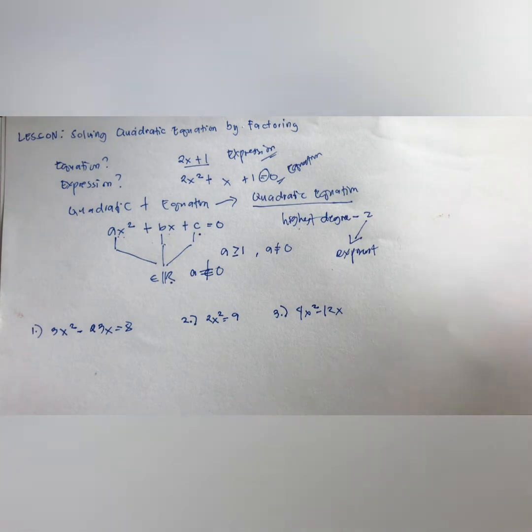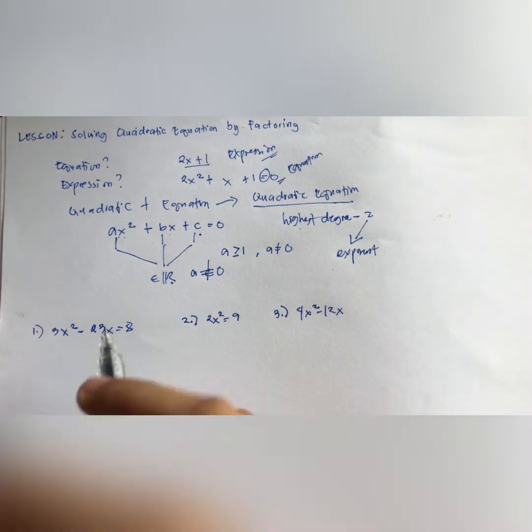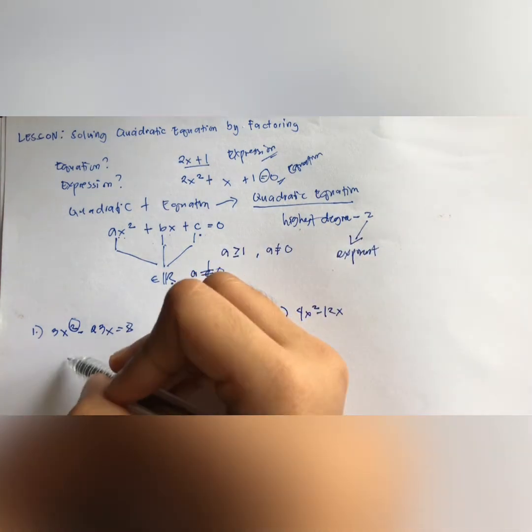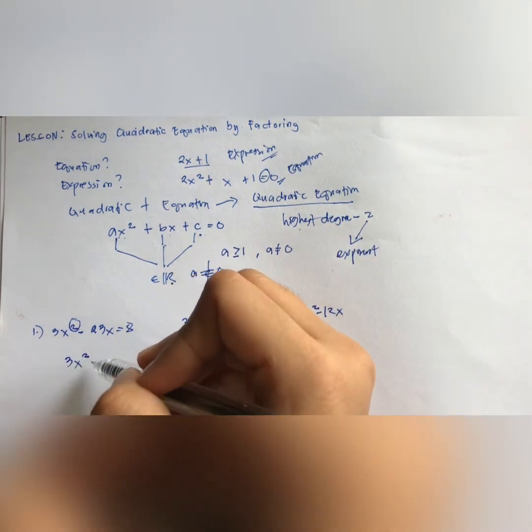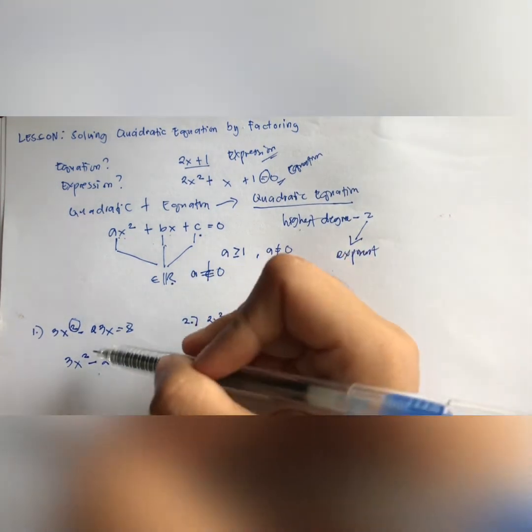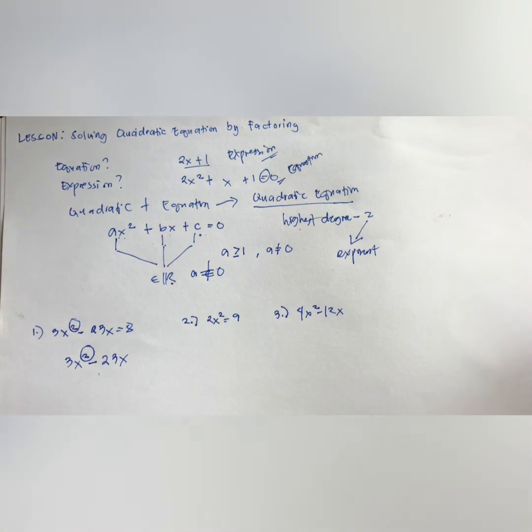But take note, equation is way different from expression. So since its highest degree is 2, we can consider that as a quadratic equation. But if I have this form, 3x squared minus 23x, although its highest degree is 2, we cannot consider that as a quadratic equation. Why?